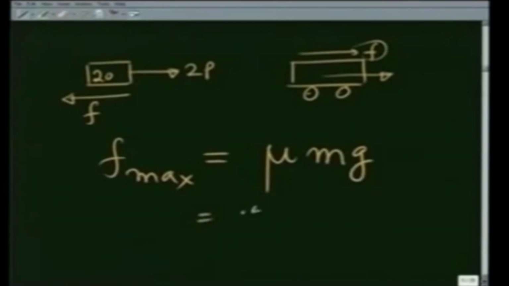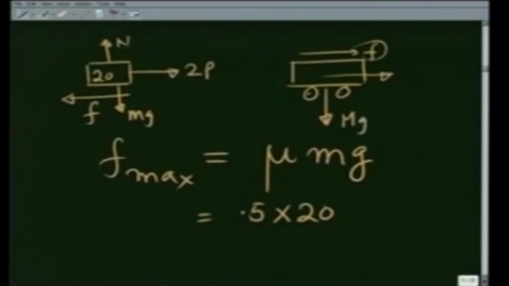Mu is given to be 0.5, m is 20 for the upper mass, n mg. On free body diagram I should also show these forces here, mg, n prime, and there is an n here, all right, times 9.8, and that comes out to be 98 newtons.